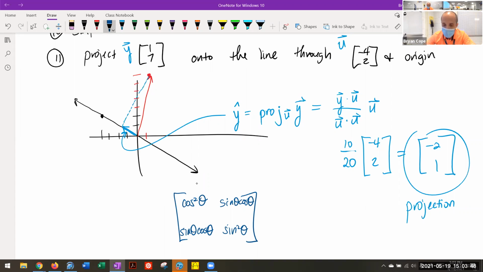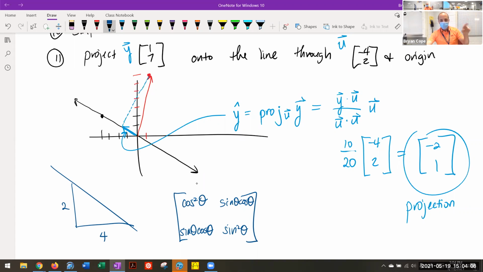So what angle does this line make with the positive x-axis? Well, it's got a rise of 2 for a run of 4, right? Is that right? Yeah, that's correct.